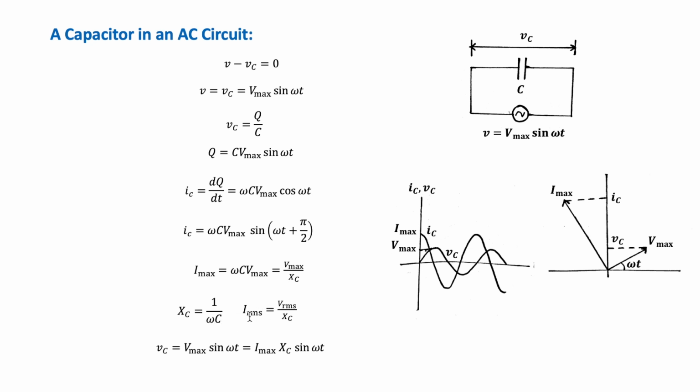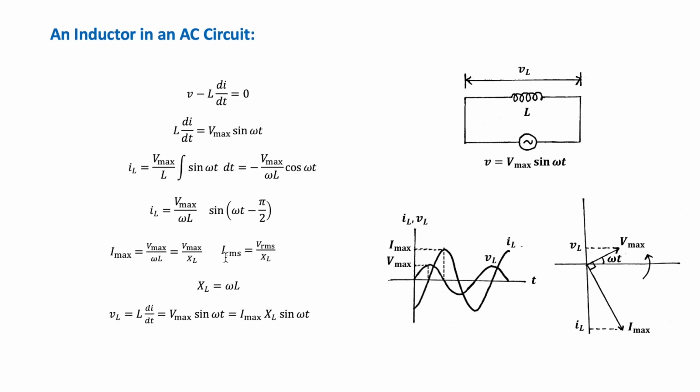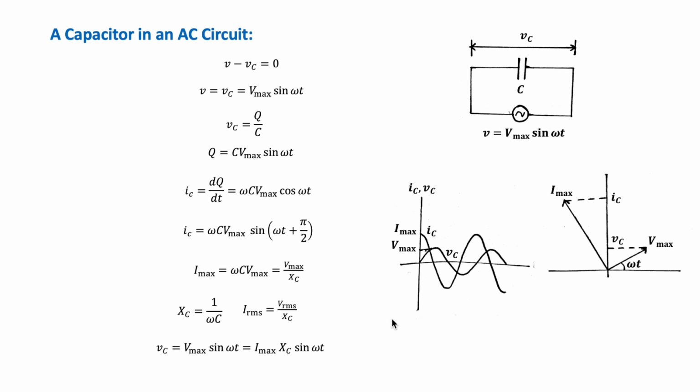We can also write the RMS value, I RMS, equal to V RMS over X C. And the same thing I forgot to mention about the inductor: I RMS is equal to V RMS over X L. So the instantaneous voltage drop across the capacitor is equal to V max sine omega t, equal to I max X C sine omega t.